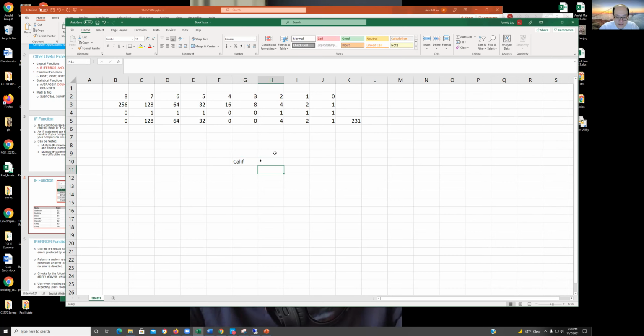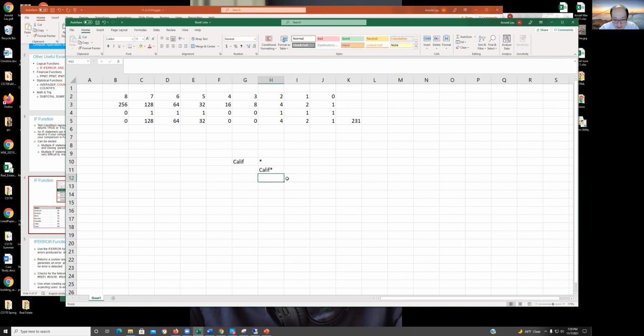If I want to concatenate that, there's a concatenate function here. I'm going to say this and this, and then we have Calif with the star after that. So that's one way to do concatenation.